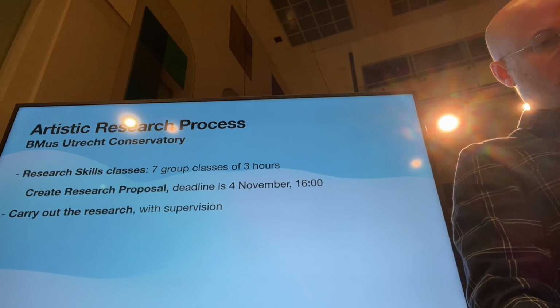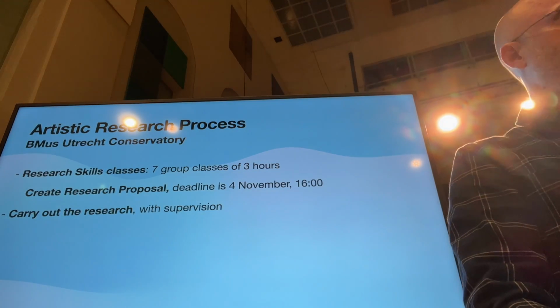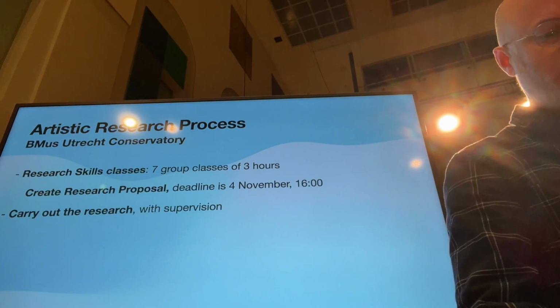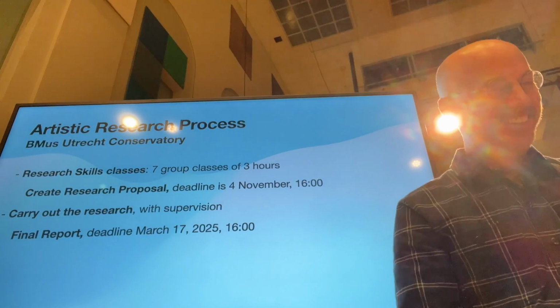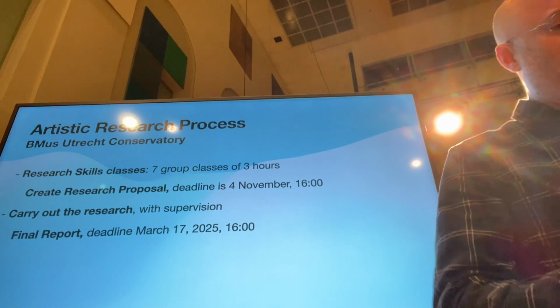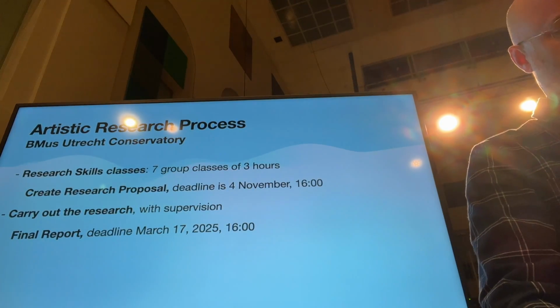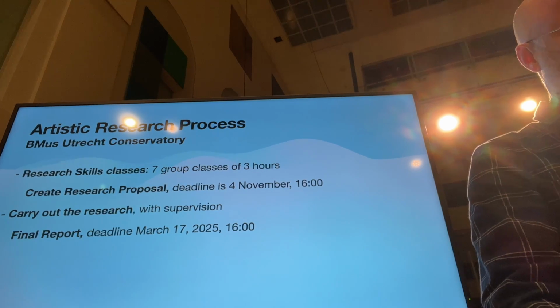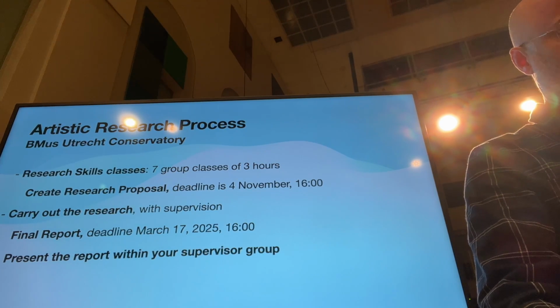You're going to carry out the research with supervision, your own supervision. You're going to make a final report, which will be due on the 17th of March at 4 in the afternoon. And then you'll present the report within your supervisor group.